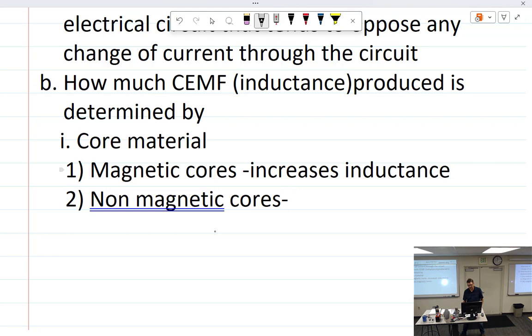Non-magnetic cores, such as air, ceramic, or just some insulator, make it worse. They decrease it.